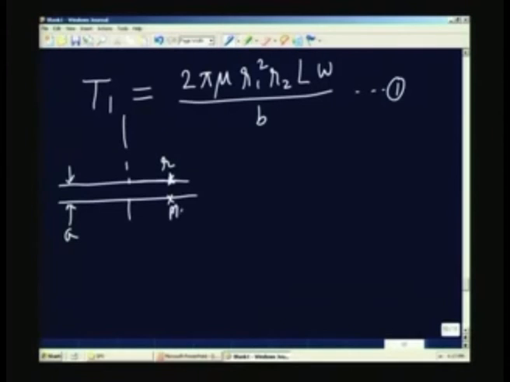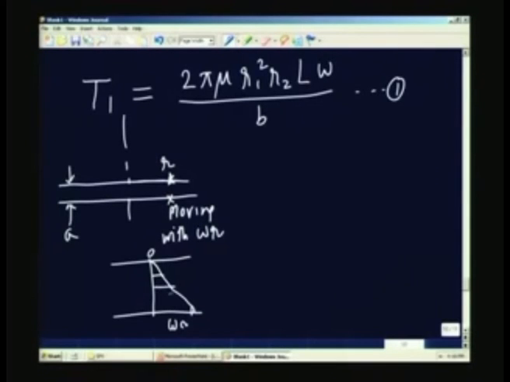This is moving with velocity equal to omega times r, and this is 0 velocity. So, if I look at the velocity field there, this is 0, this is omega r, and the velocity shows a linear variation like this.